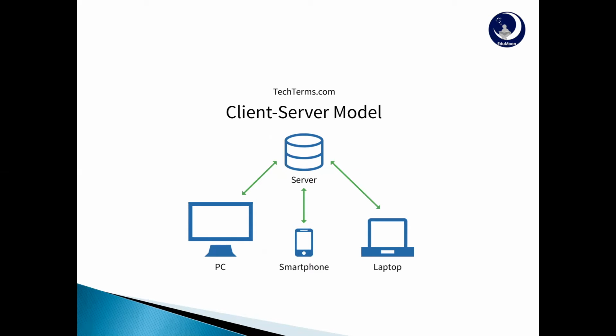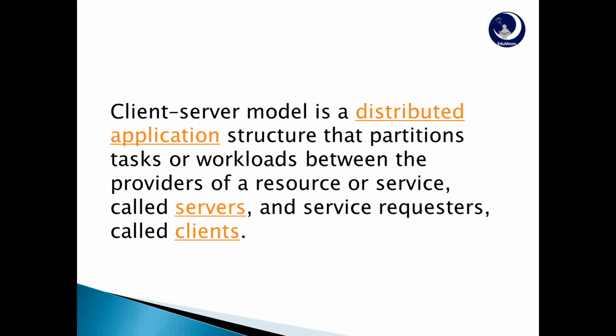Then SMTP on the mail server will request an authentication from the client, such as email and password. If those details match an account on the mail server, then the request is accepted. Or else, if the credentials do not match, then the request is rejected. This is about the client server model.